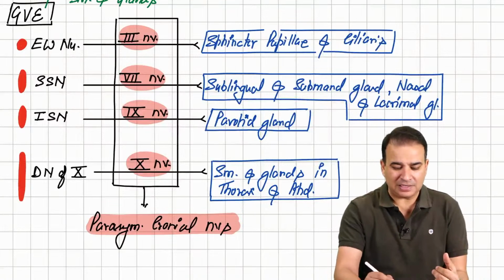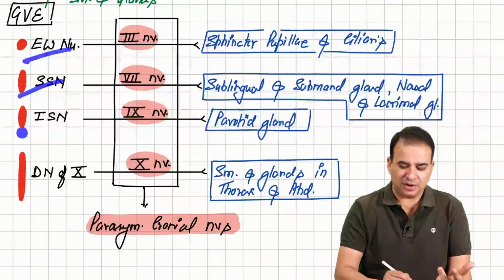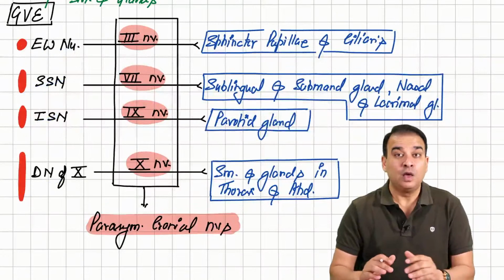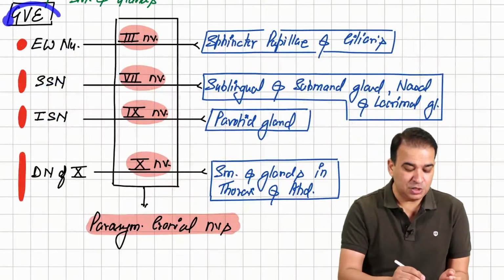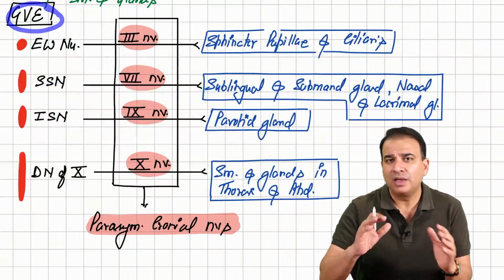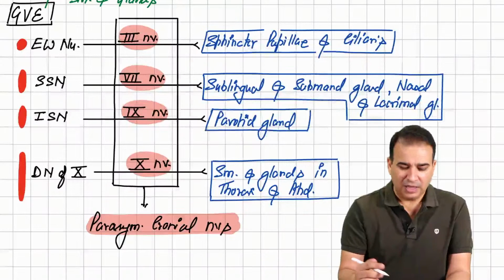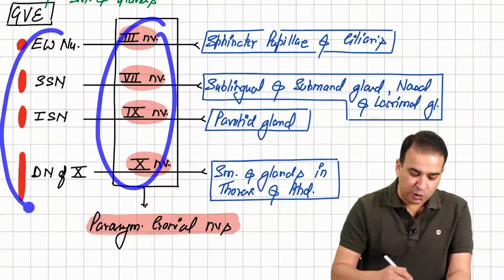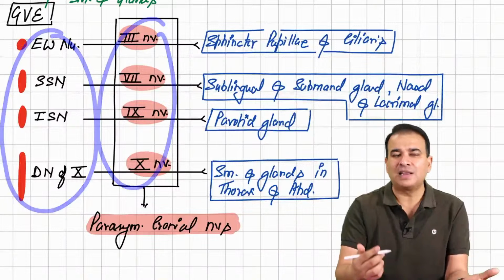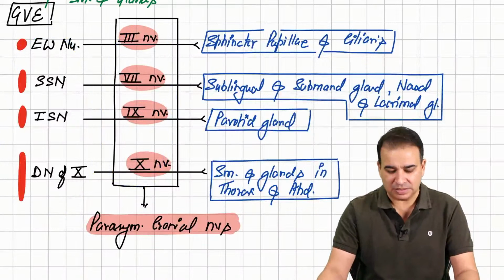Which nuclei are parasympathetic? Edinger-Westphal, superior salivatory, inferior salivatory, dorsal nucleus of vagus. Which column is parasympathetic? The GVE column is parasympathetic. Look, it's the same question, just a different way of asking it again. If they ask you which nerve, which nuclei, what column, these are all parasympathetic. We are talking about the parasympathetic column itself.